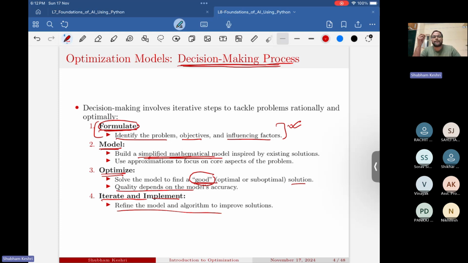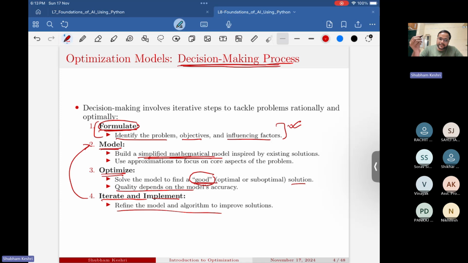So for example, there was some uncertainty in demand and you did not include that uncertainty in the mathematical model and you gave the solution without accounting for the uncertainty in the model. And the decision maker implemented the solution and he saw that it is not capturing the essence of the problem. So he saw that there is some uncertainty which you have not incorporated in the model. So you have to come back and then remodel it again, incorporating that uncertainty or whatever it is. So this is coming back to the model.